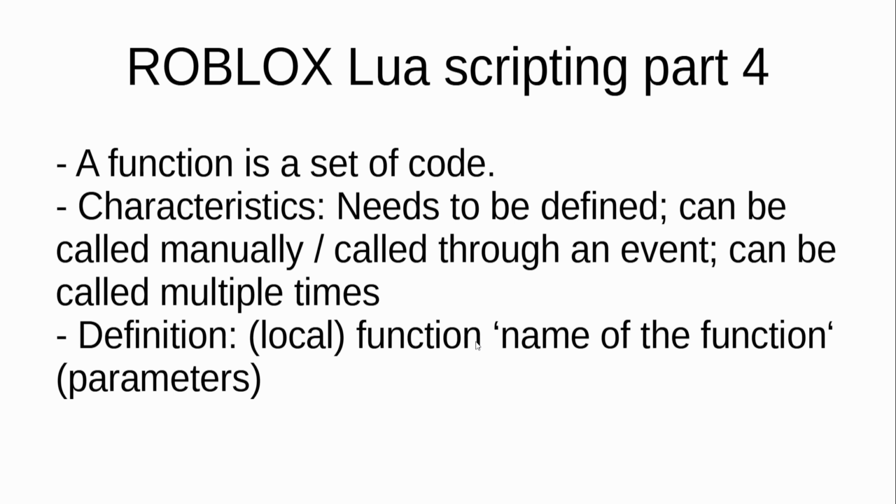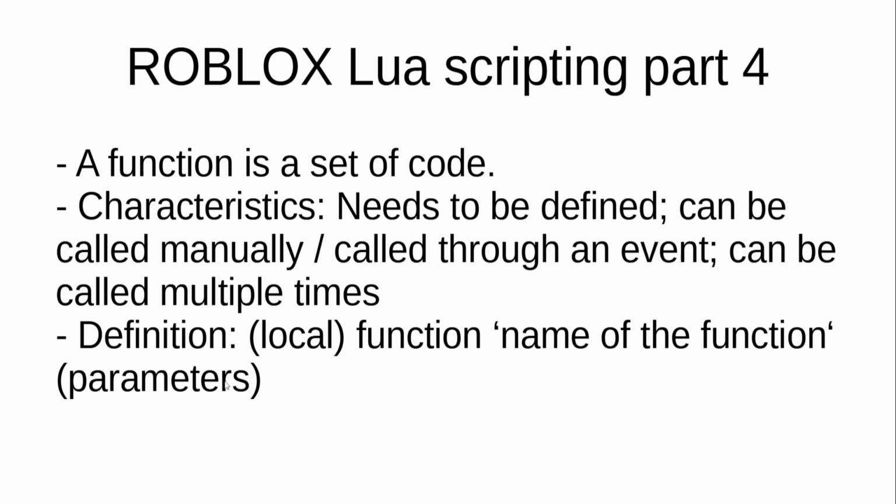So function and then the name of the function. Let's say that you have a function which deals with the transparency of a certain instance. So we would have function transparency, and transparency is the name, of course. So function transparency. And then right after the name, you would have some brackets.